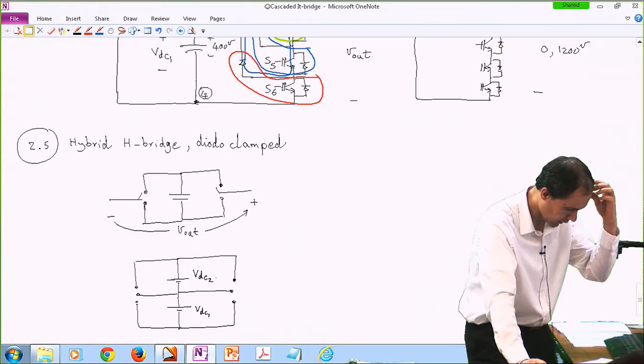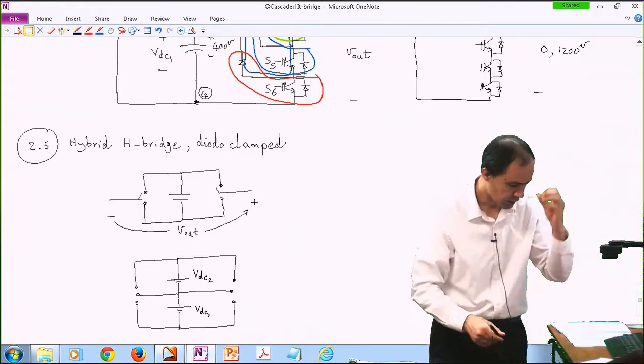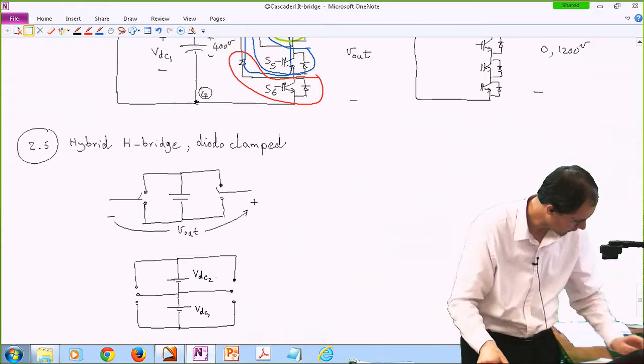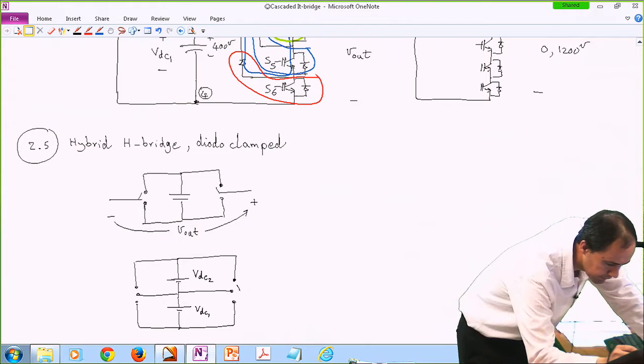Okay, and it depends on what you define as your output voltage. Okay, over here I'm doing a little bit of a different thing.